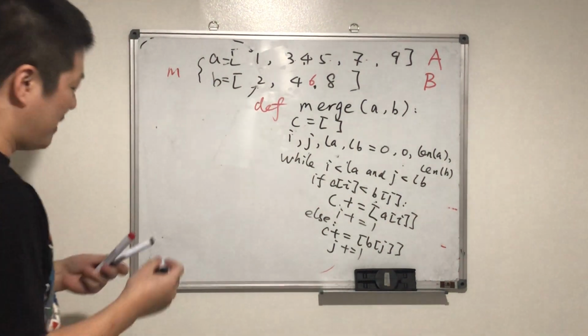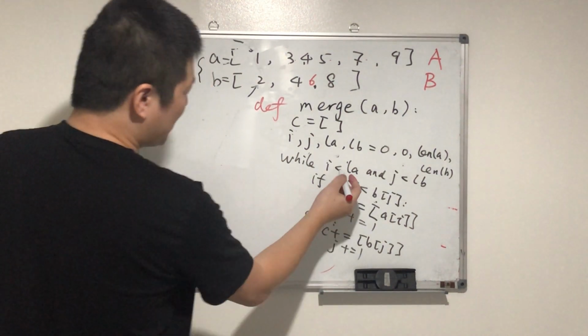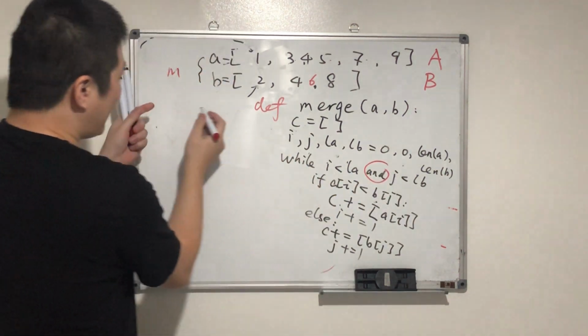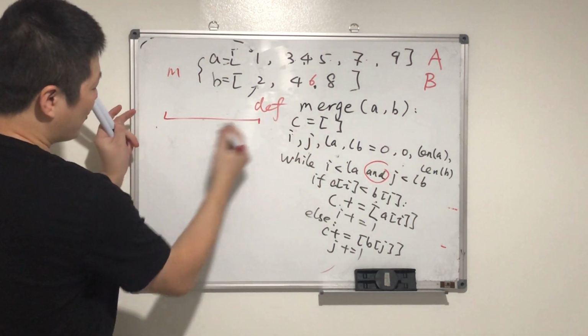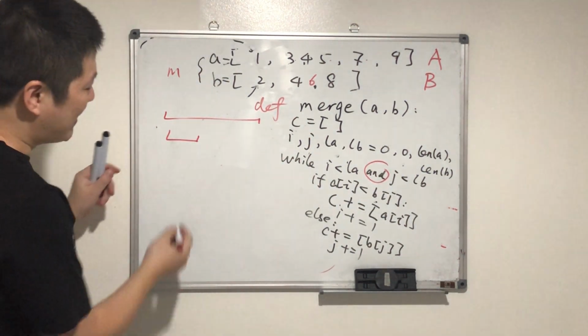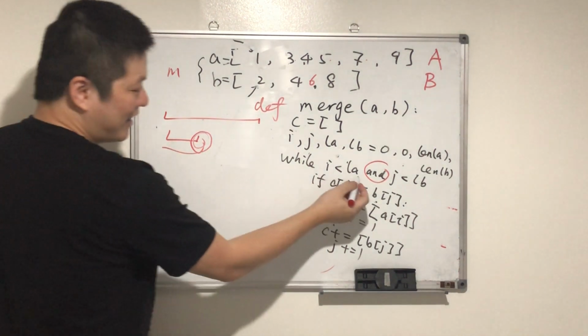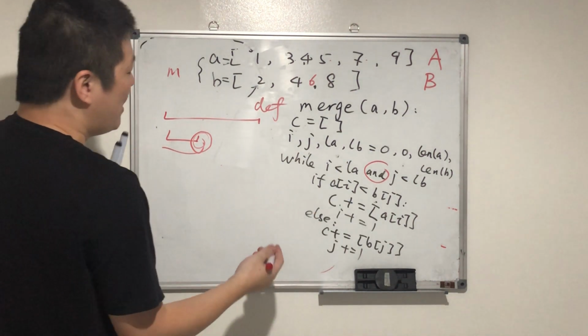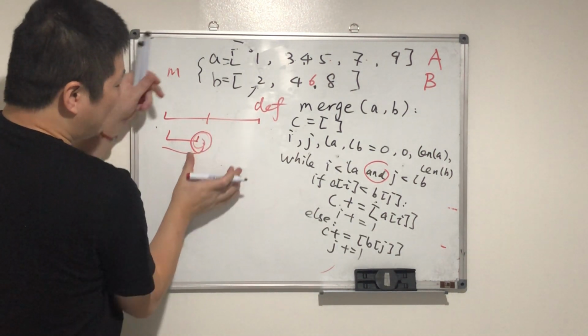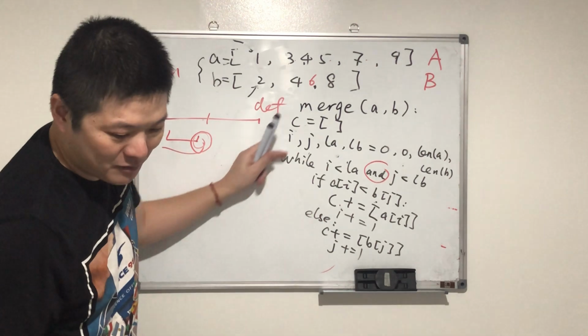Not yet. So the problem is that, look, if the length of one is longer, the other is smaller, right? So this J may reach the end faster. Then this loop will end, right? So we need to check if there are remaining items in both lists.